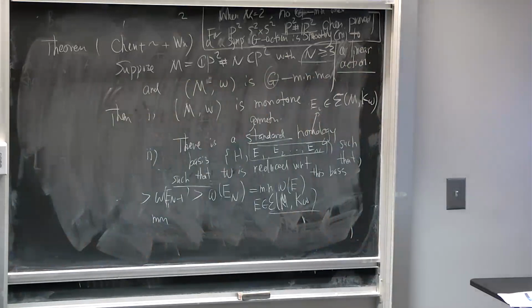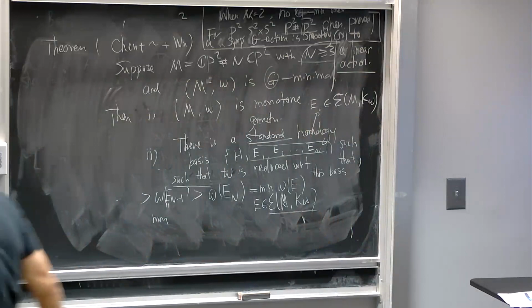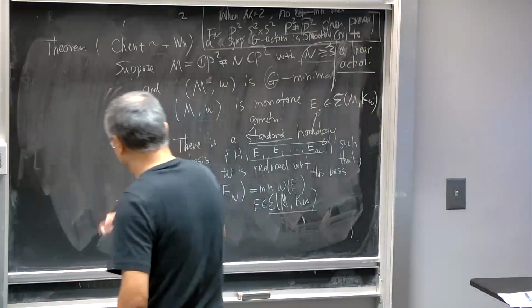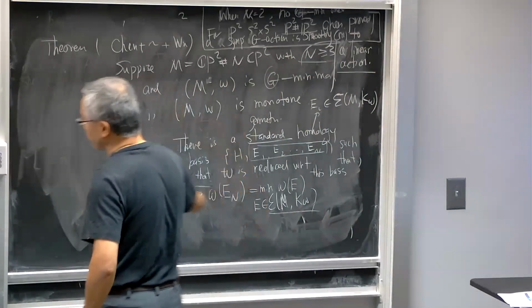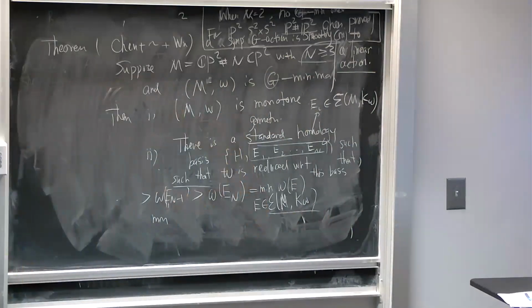It cannot prove that any such action is symplectically conjugate to a linear action, but it proves a smoothly conjugate action. So we restrict to the case when n is at least 3. And this is the first result about the symplectic structures.